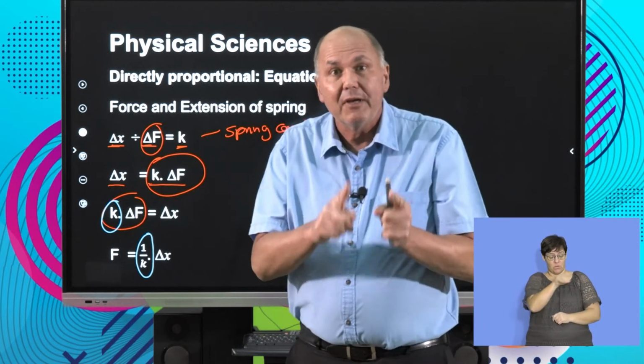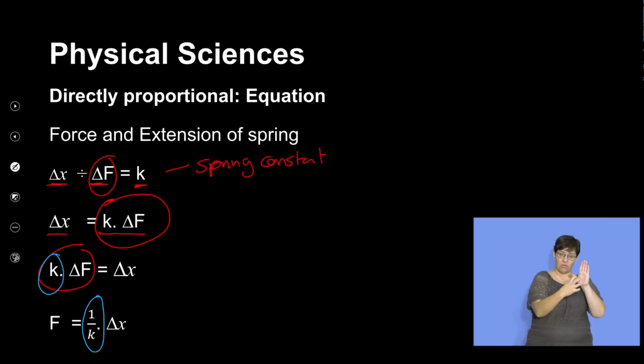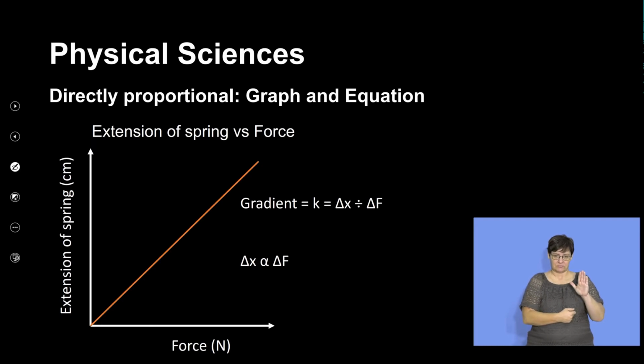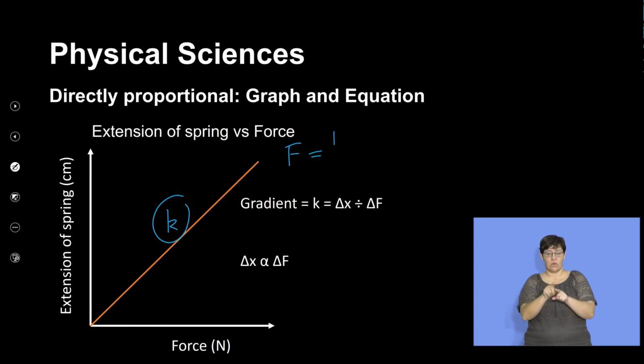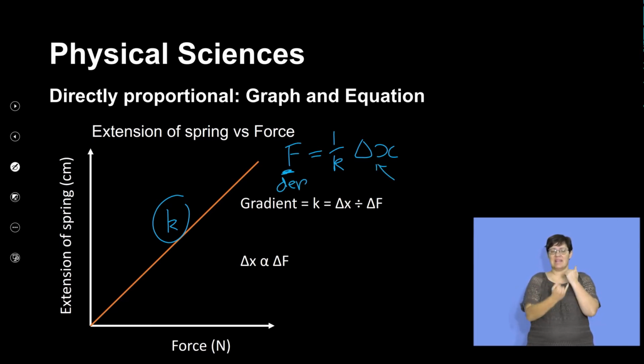If we go back to the graph, the gradient was k. If I'm working with F is equal to 1 over k delta x, then I've got to recognize I've changed something. I hope you can see what I've changed. I've switched over and made this now the dependent variable, and this is now the independent variable in the equation because I switched sides.